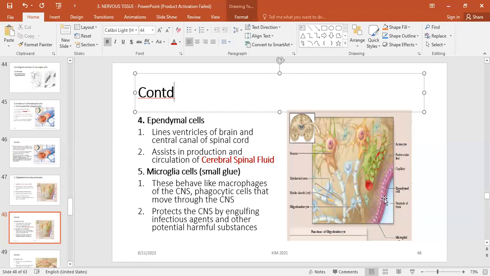Together with the ependymal cells, they produce cerebrospinal fluid. Now, these cells have cilia. You can see those processes there. Apart from producing or helping to produce cerebrospinal fluid, ependymal cells help in the flow of cerebrospinal fluid.